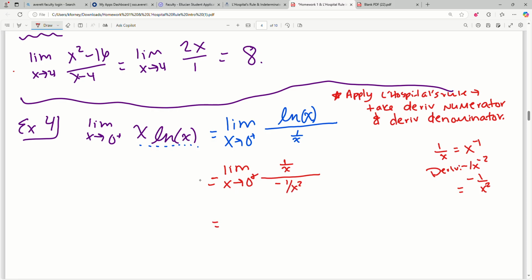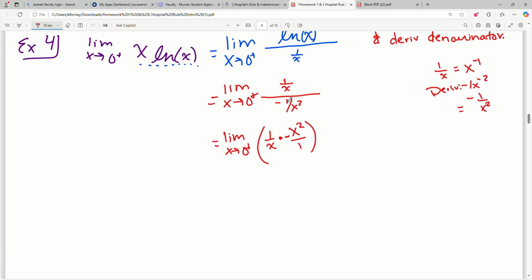And if you look at this, it looks messy. I know. You're like, you just made a big mess. We have a fraction over a fraction. But using some algebra, we know dividing by a fraction is the same as multiplying by the reciprocal, right?